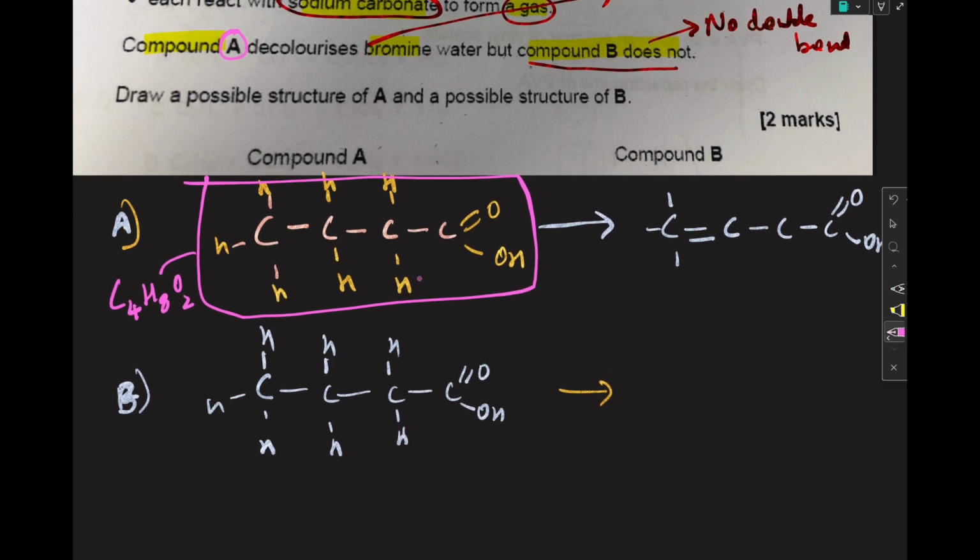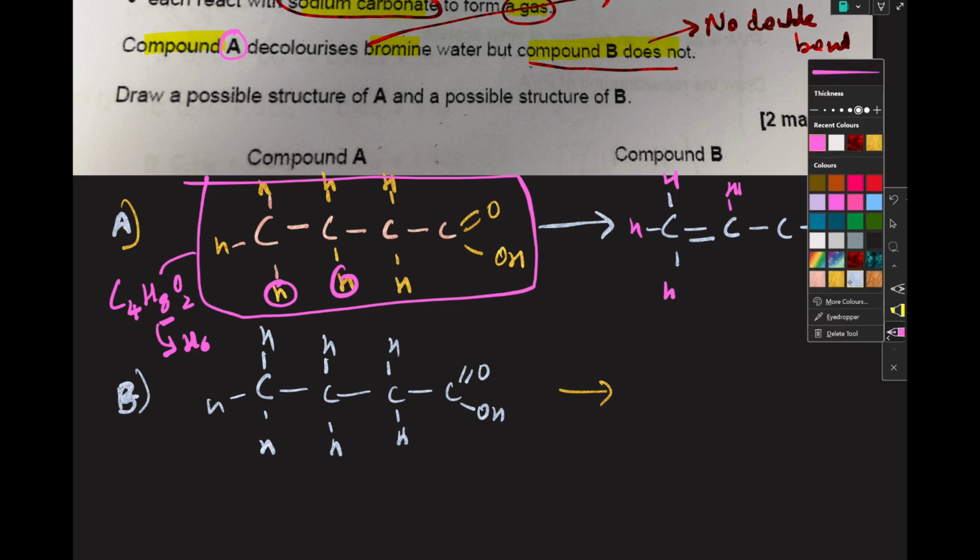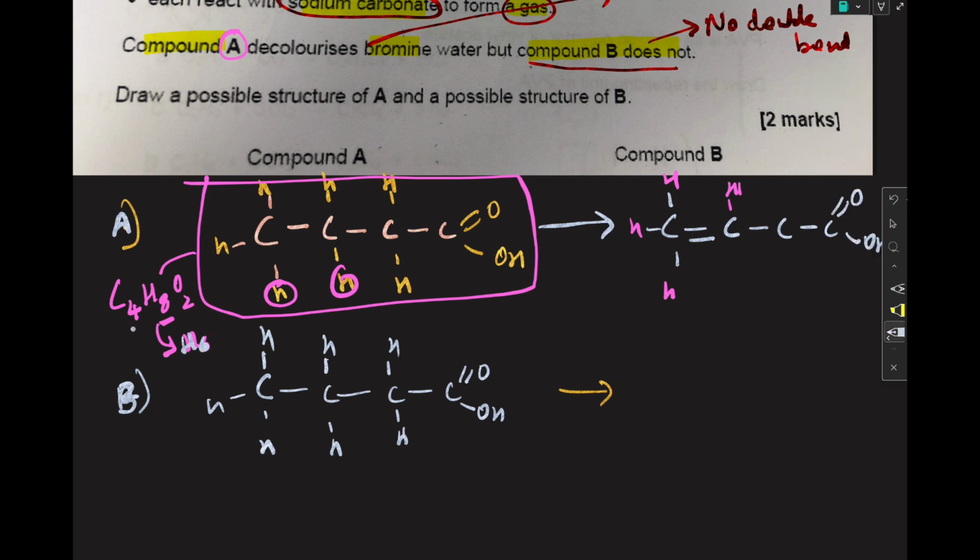But what your question is asking is C₄H₆O₂. Therefore, and they also give you a hint that it decolorizes the bromine water. So simply remove one hydrogen from here to make it hydrogen 6, and one hydrogen from here. So automatically your hydrogen will become 6, C₄H₆O₂, and you get a double bond in the middle.